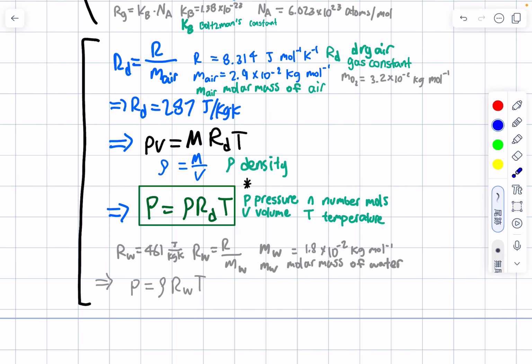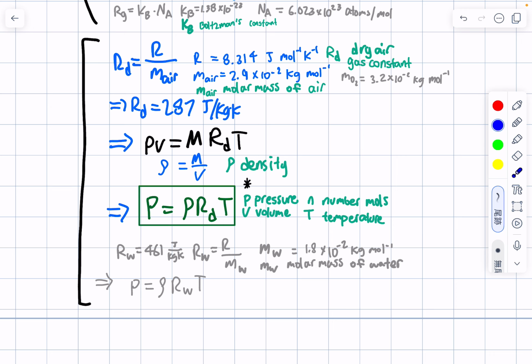For some of these models, we also include an ocean system. And since water has a different molar mass than air, we will use Rw. Making this calculation using 1.8 times 10 to the negative 2, the molar mass of water, we will find that Rw is equal to 461 joules per kilogram per Kelvin, as compared to dry air, which is 287, so we have a slightly higher constant here.